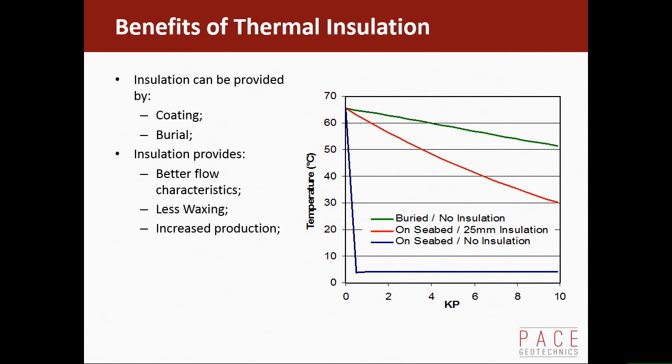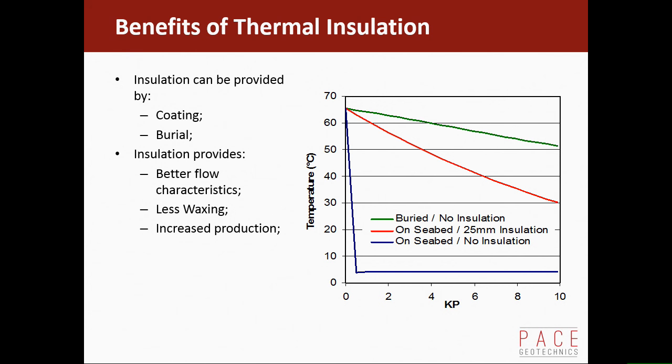Sorry, what's the KP? KP is kilometre post, so it's 2 kilometres, 4 kilometres from the well. Okay, so it's like, say, the buried one has higher efficiency. Yes, the buried one with no insulation is the most efficient one because it keeps the oil warmest.